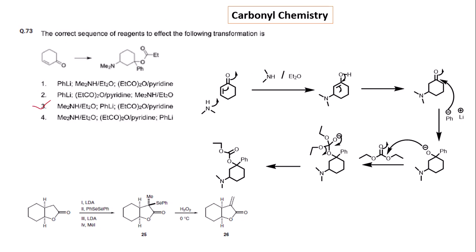Next is the sequence of reactions where the conjugate addition takes place with the nitrogen atom, and after that the phenyl group can add by 1,2-addition, and the oxygen negative charge attacks the diethyl carbonate, and after elimination of the ethyl group we get the desired product. And so option 3 is the correct option.